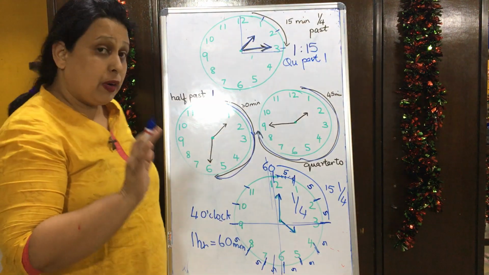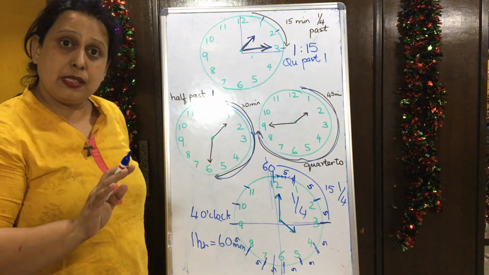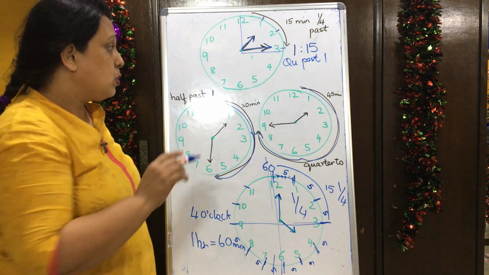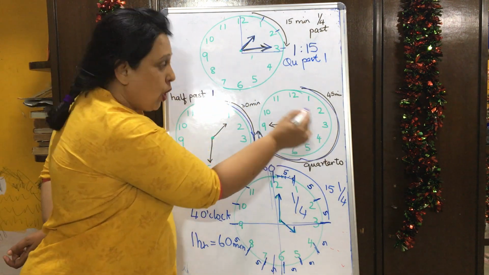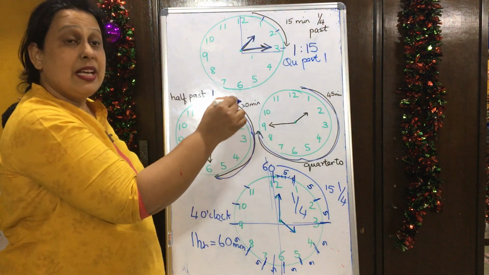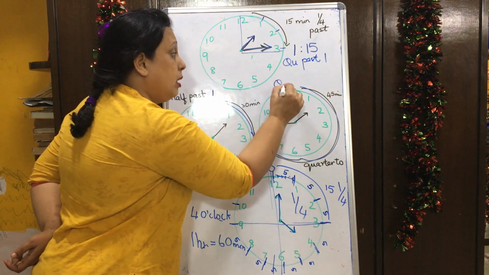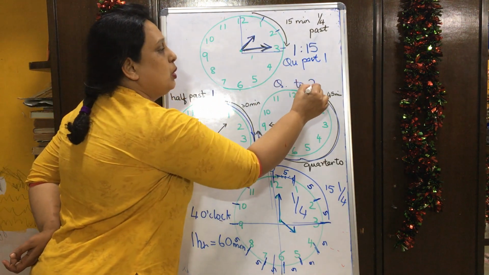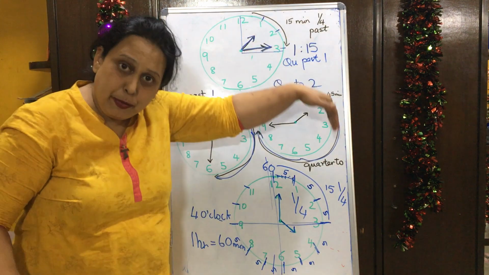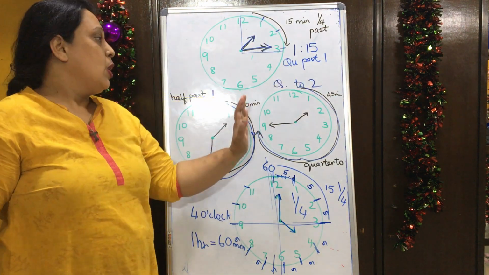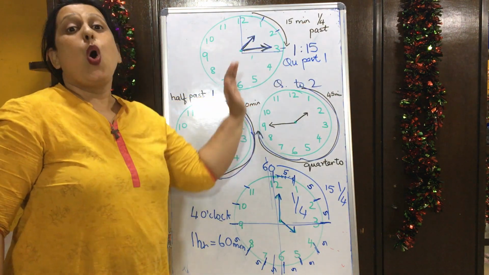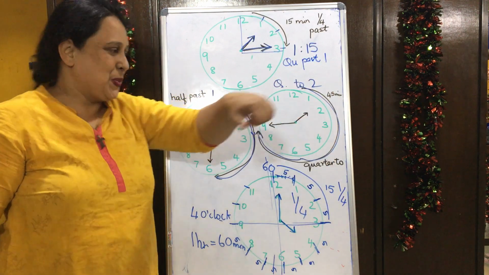So it is 45 minutes have passed 1 o'clock. So how much more for 2 o'clock? It is quarter to 2 because it's going to become 2 o'clock. So it is quarter to 2.